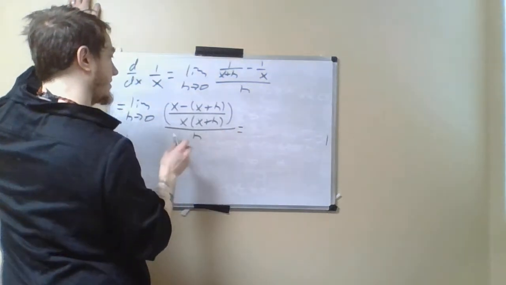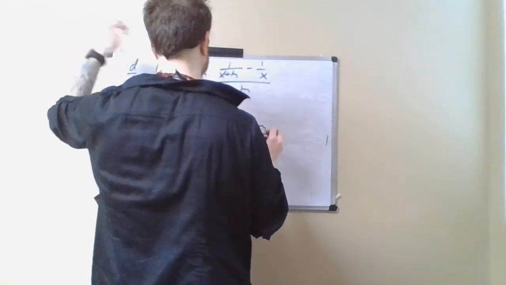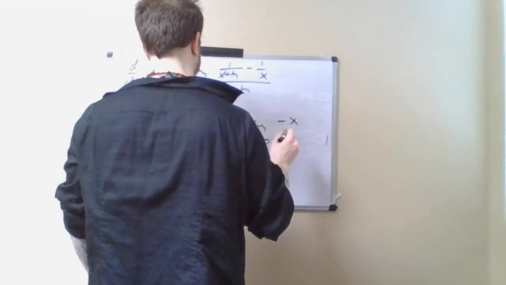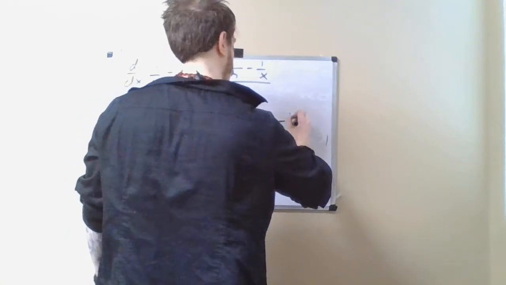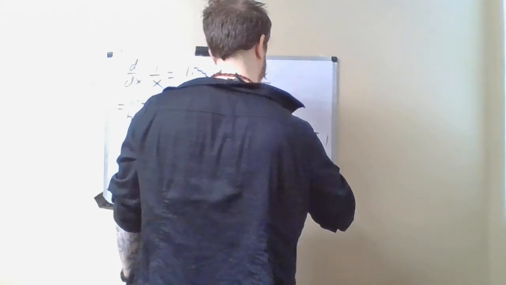Well, this is equal to the limit as h goes to 0 of negative h, I'm sorry, I wrote a negative x, but I meant a negative h, divided by h times x times x plus h.